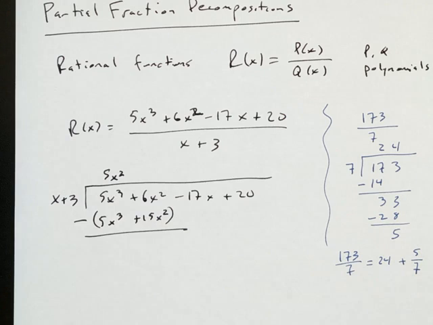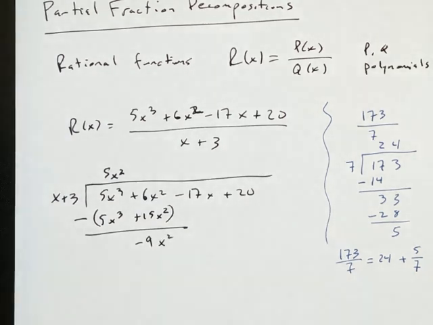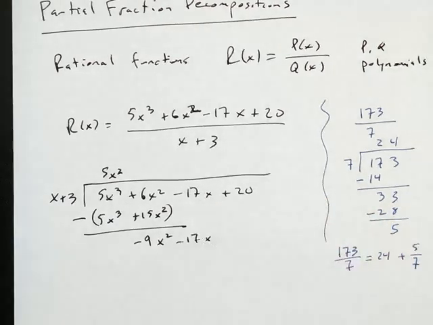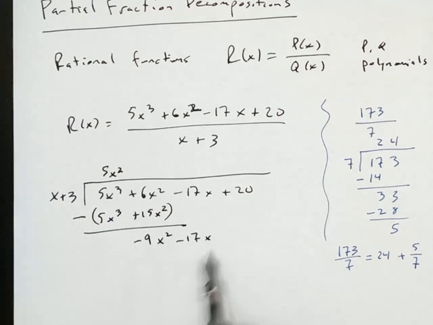5x cubed minus 5x cubed, those cancel, they're gone. 6 minus 15 in the x squared makes negative 9x squared. Bring down the other stuff. Just like I brought down this 3, I'll bring down the next bit. I could bring down all of it, but since this is only 2 pieces with sequential powers, I only need 2 pieces. Now, like I did here, 7 goes into 33.